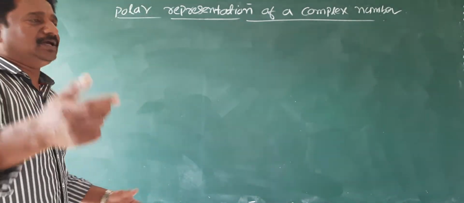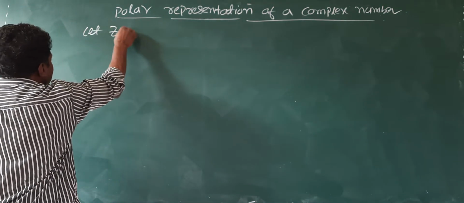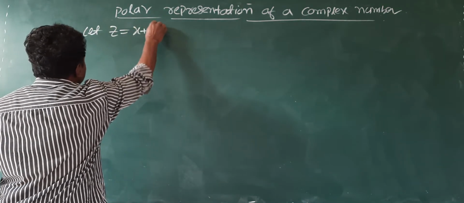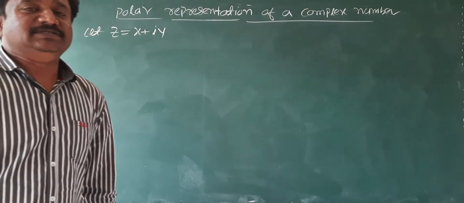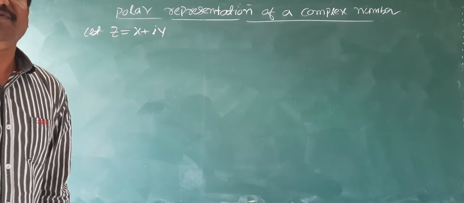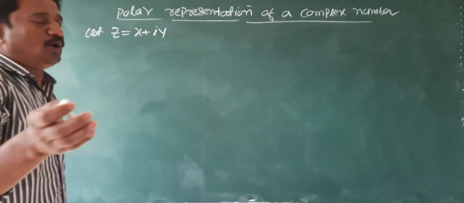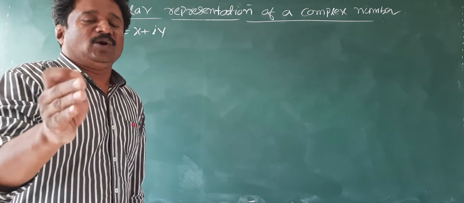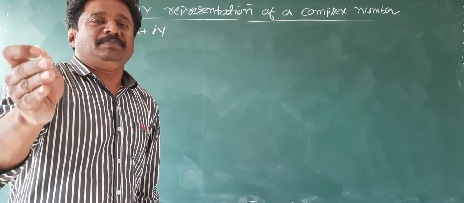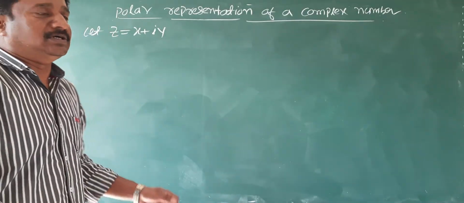Let us take a complex number. Let z equals x plus iy be any complex number. I told you already, students, a complex number can be represented by using ordered pairs.